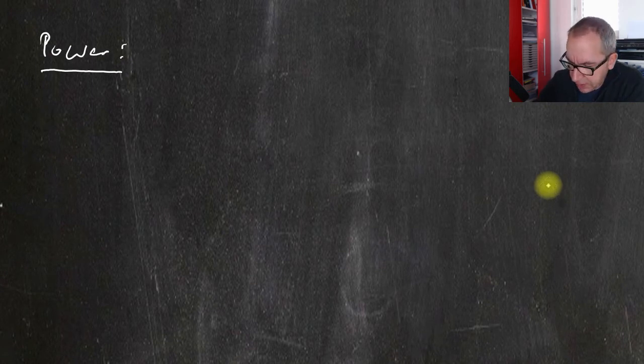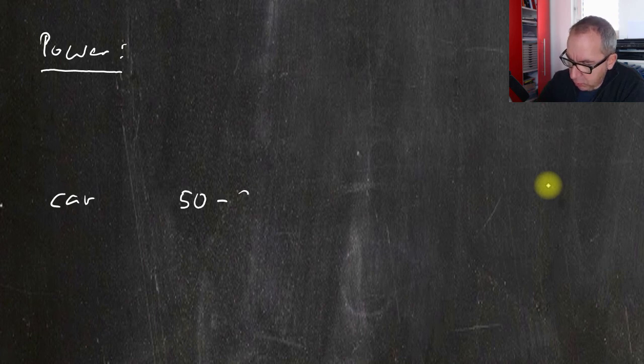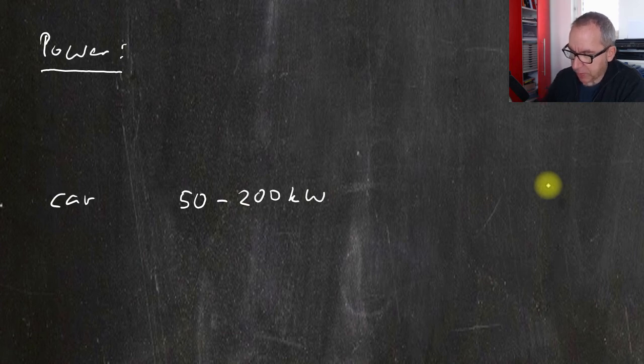So we have seen a car, which typically has somewhere about 50 to 200 kilowatts, which is nowadays some average value. What you also might have noticed is the saying on a light bulb.